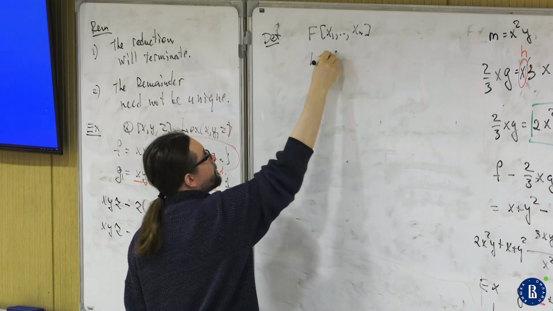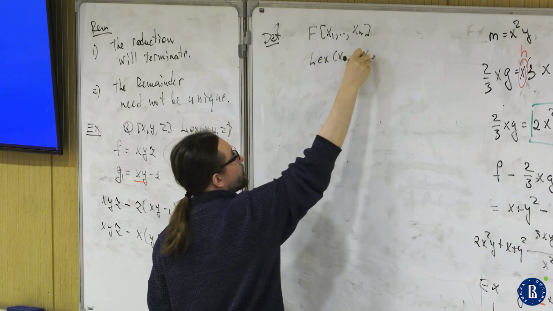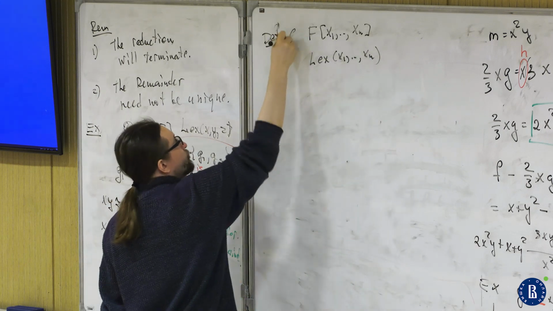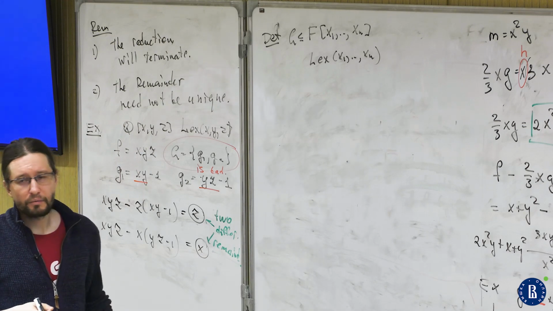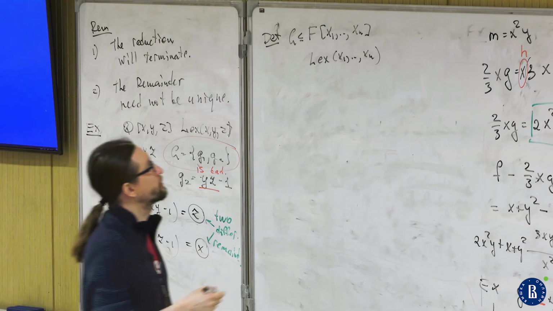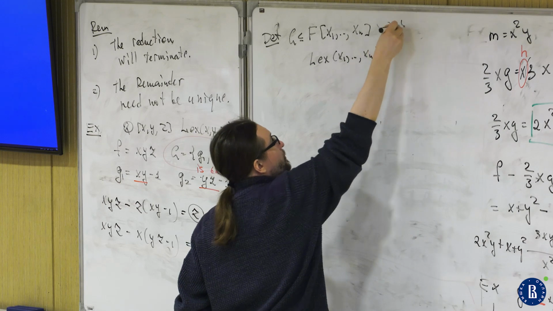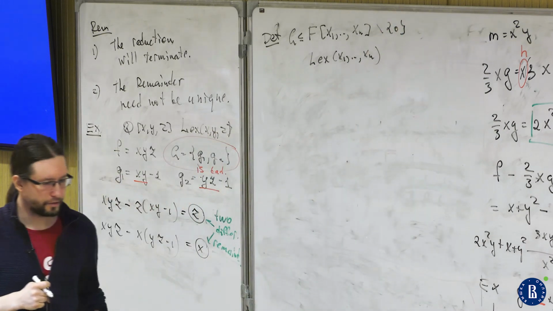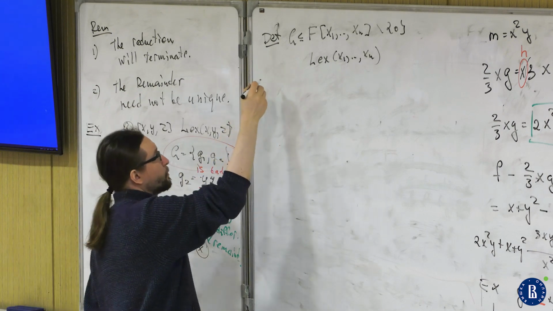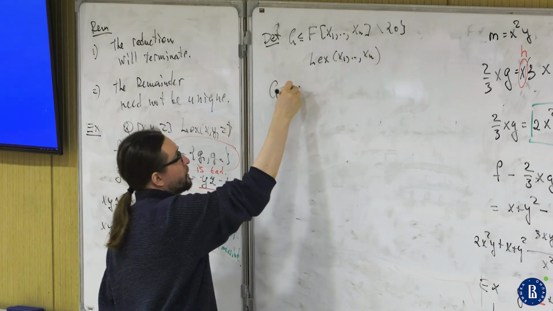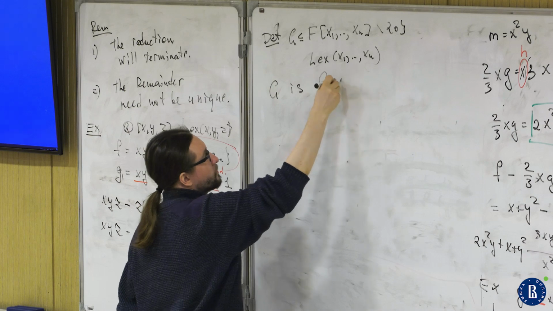We have a fixed lexicographical ordering, and G is a set of polynomials. Well, we actually want them to be non-zero, so I want to exclude the zero polynomial. Now, I will say that G is a Grobner basis.